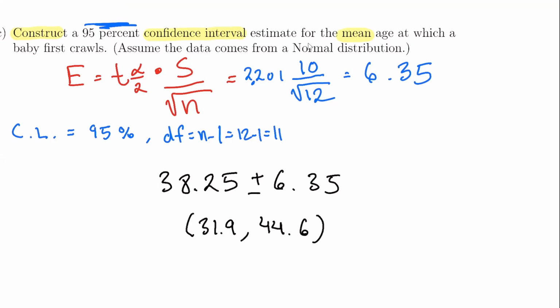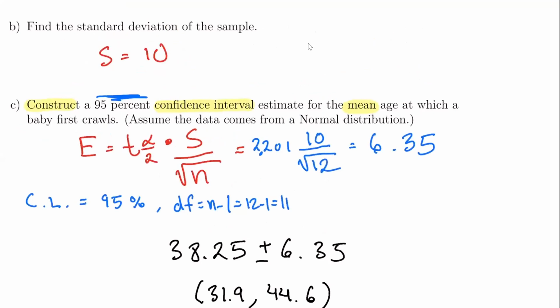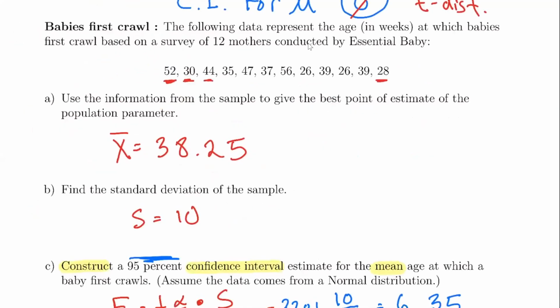All right, so lastly, I'm going to show you how to double check this answer by using your calculator. So I'm going to switch over right now to the TI-84.